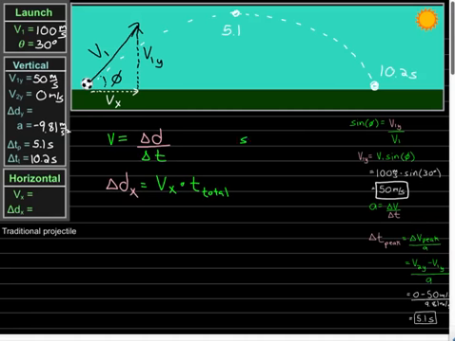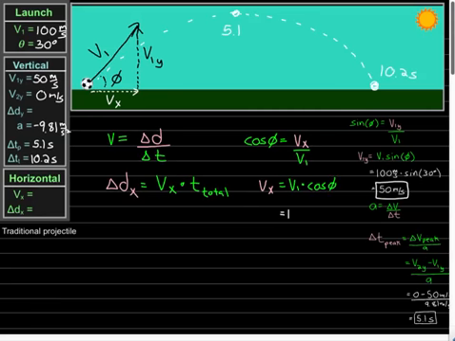And we're going to do that by saying the sine, oops, not the sine, it's going to be the cosine. The cosine of theta is equal to the adjacent divided by the hypotenuse. So that gives us Vx is equal to V1 times the cosine of theta.